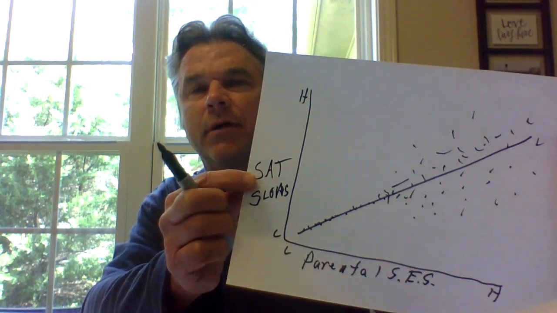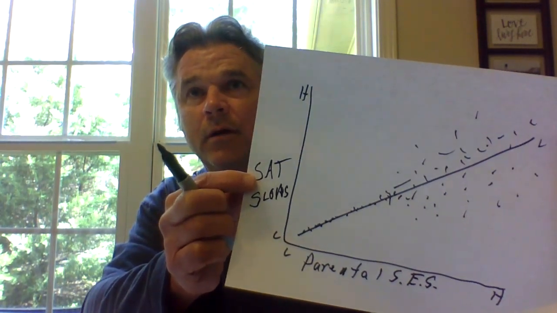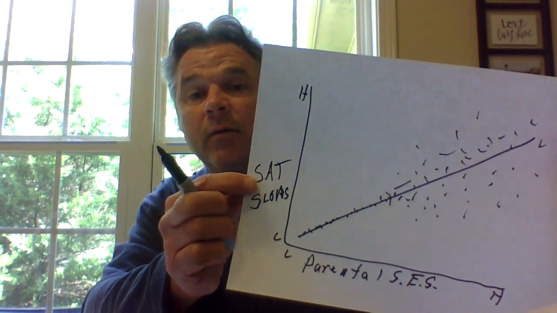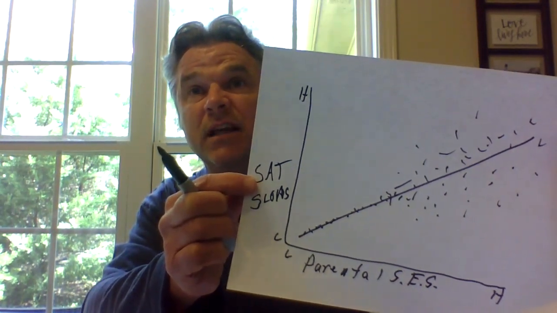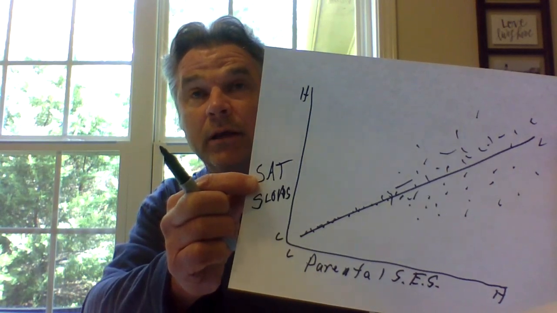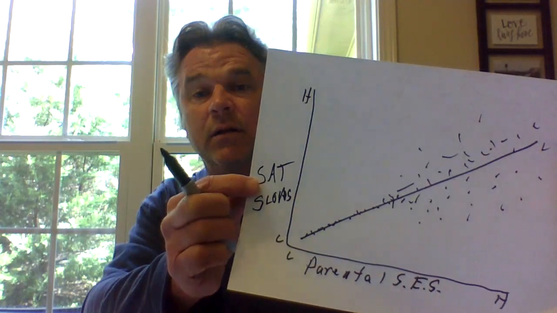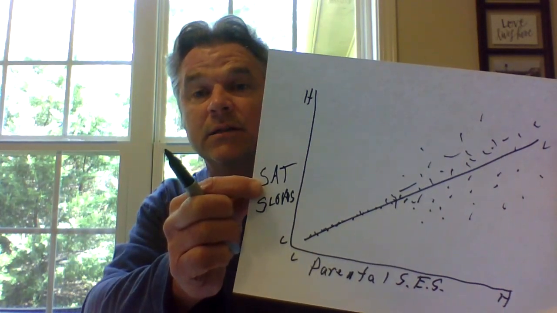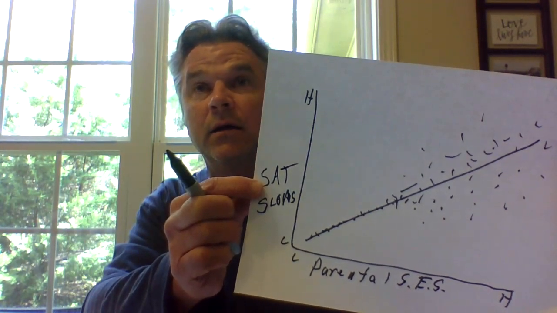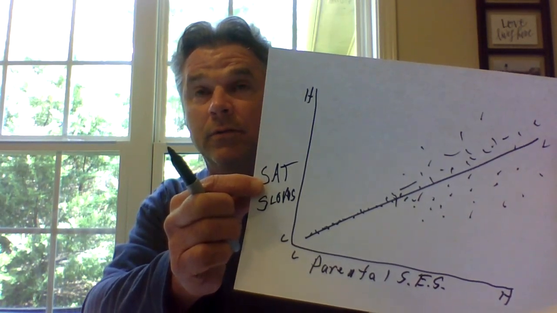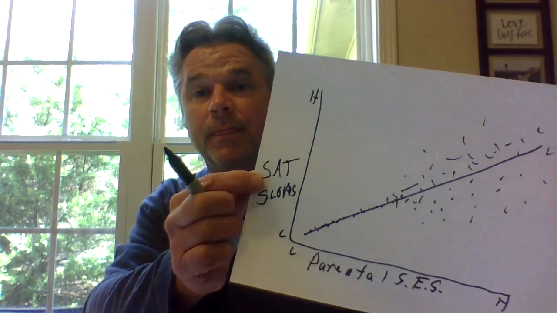So, for some reason, my model is predicting really well when parental socioeconomic status is low. Right? Really well. But then when parental socioeconomic status is high, not so well. It's all over the place, right?